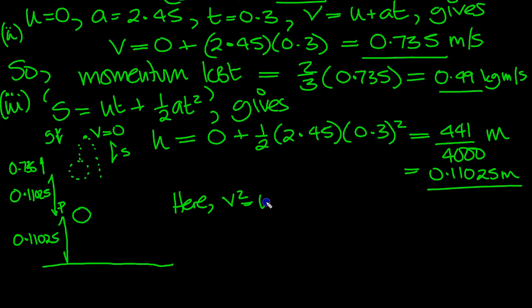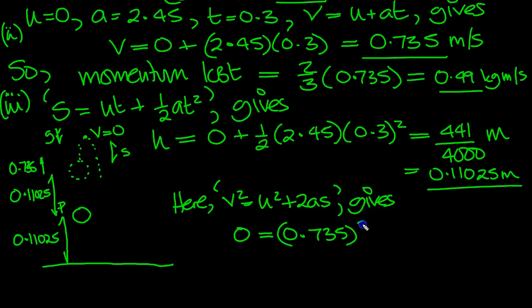So here, let's invoke that formula then. v squared equals u squared plus 2as gives, so the final speed at the top of flight will be 0. The initial speed will be 0.735 squared plus 2a s. Acceleration is minus g, so it's minus 2gs. So that tells us what s is then. The 2g can come over here, so I've moved this over there, 0.735 squared.